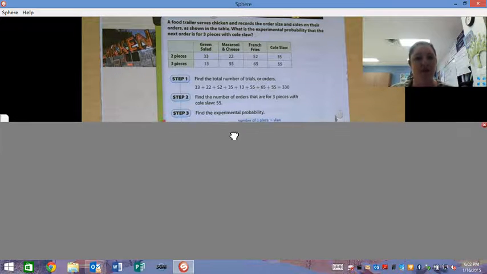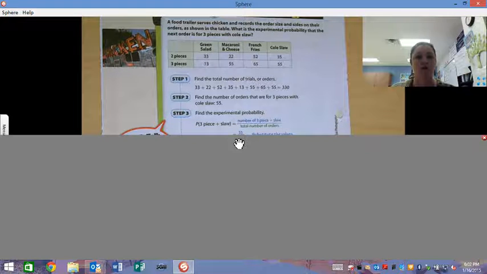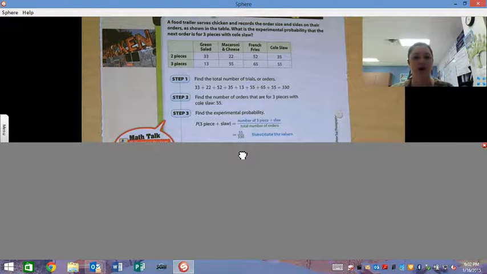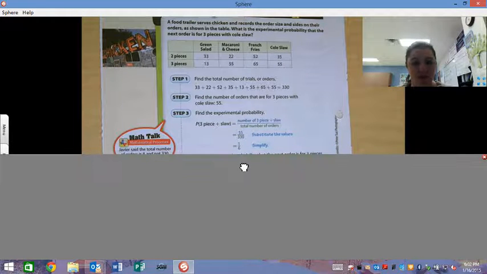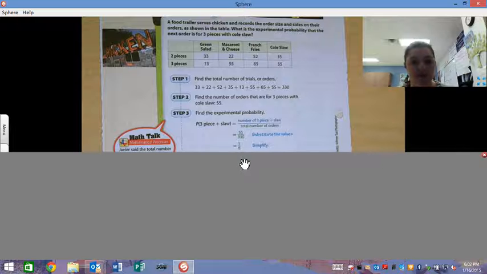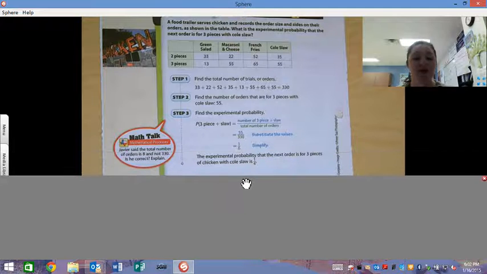Find the experimental probability. So you have the 3-piece plus you have the coleslaw over your total number of orders. So you should have 55 over 330, which is going to simplify to 1/6. Your experimental probability that the next order is for 3 pieces of chicken with coleslaw is 1/6.